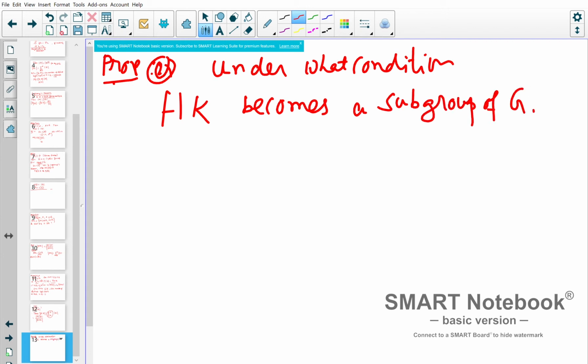See, HK is a subset of G obviously, because H and K both are inside G and G is closed under multiplication, right? Closed under the operation. Okay.